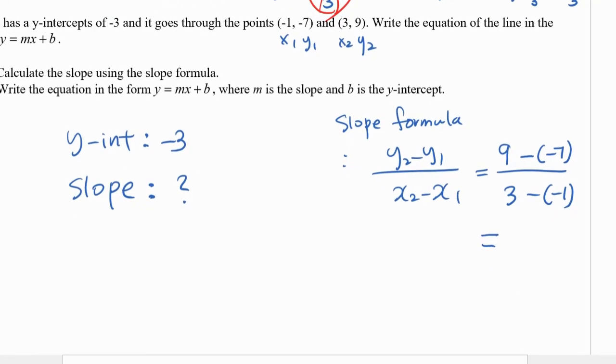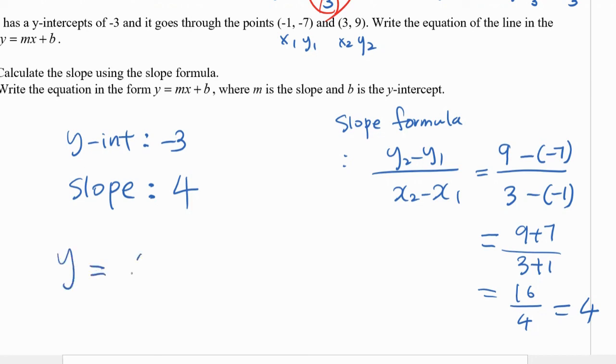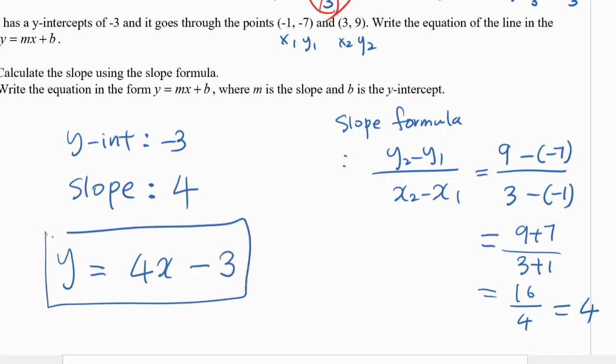Using the slope formula, we will be able to find the slope. 9 minus -7 is 9 plus 7. 3 minus -1 is 3 plus 1. That is 16 over 4. That is 4. Okay? The slope is 4. Then we're done. We know the slope, and we know the y-intercept. So that is y equals 4x minus 3. So this is the equation.